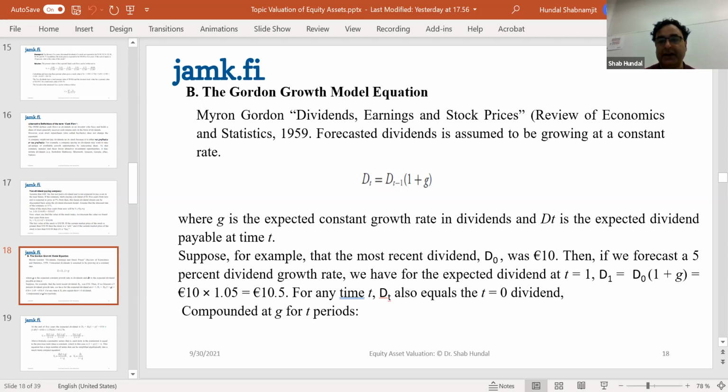Then if we forecast a 5% growth rate in the dividend, we would have an expected dividend of, just apply the high school mathematics unitary method, 10.5. So, simply, if you are getting 10 now and you expect to get 5% more next time, then it will be 10.5.